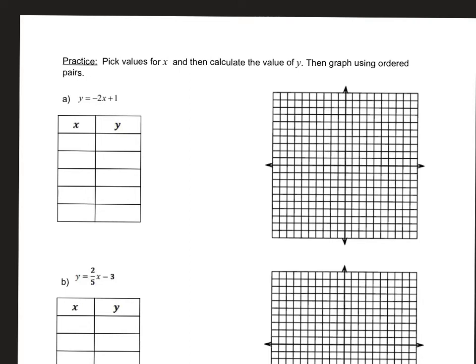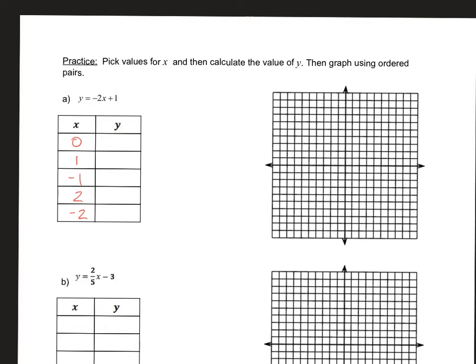I'm going to pick the easiest number to sub in, which is always 0. I'm going to pick a nice, easy, positive number. And maybe I pick a nice, easy, negative number. Now, maybe 3 points will not be enough for me to be able to figure out my graph, so maybe I extend that a little bit, and I pick the next easiest positive and the next easiest negative.